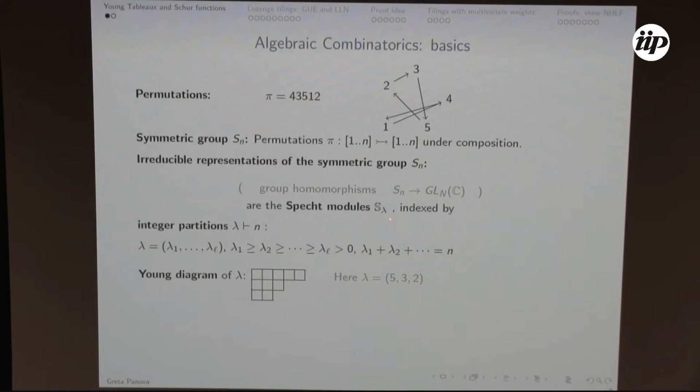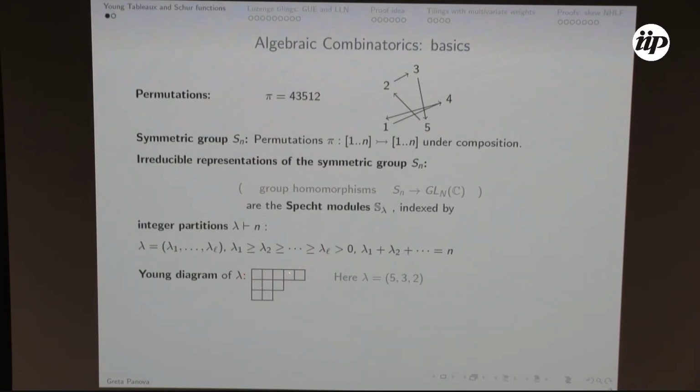Integer partitions, I hope you all know, are just a sequence of weakly decreasing non-negative integers which sum up to n. And they have a very nice graphical representation in terms of Young diagrams, and this is actually a very important notion, so that these sequences of integers can be visualized with a Young diagram.